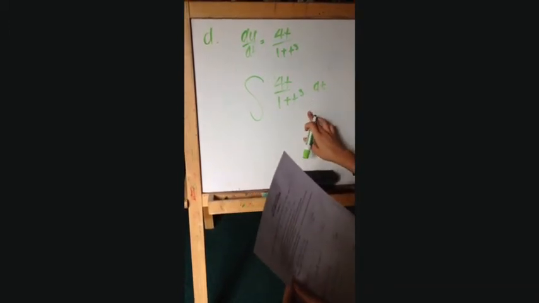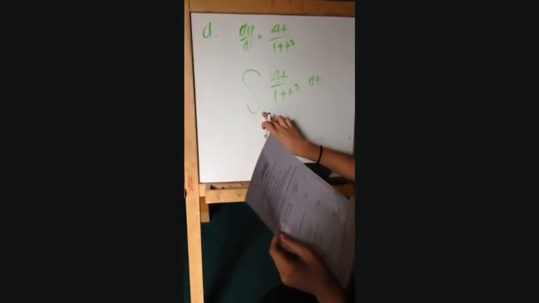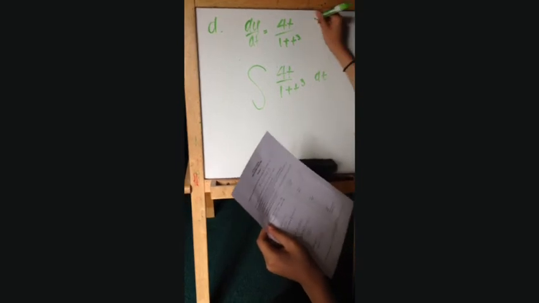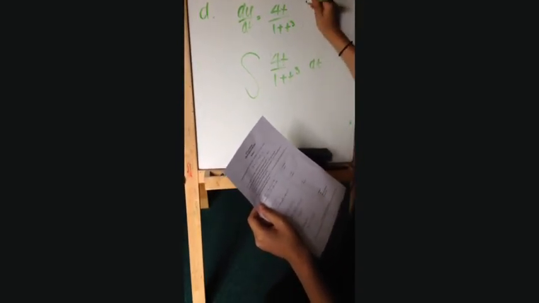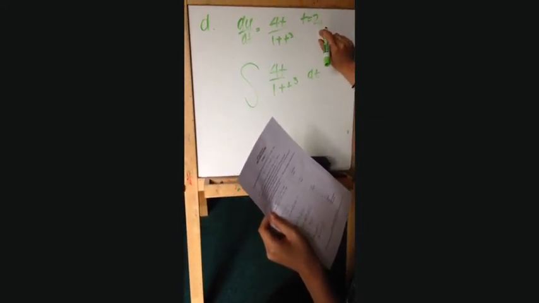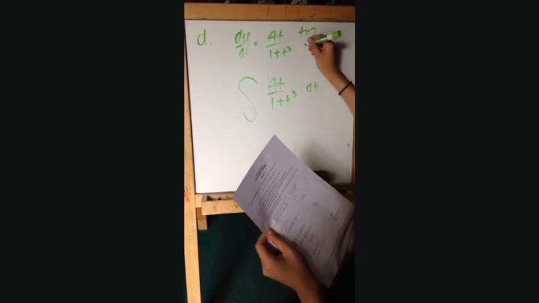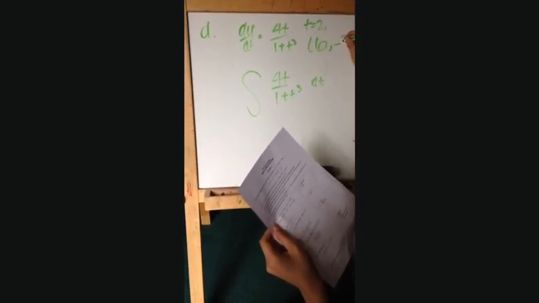Now in order to find your limits, you need to know where to start. You have an initial condition. Your initial condition is at t equals 2, the particle is at point (6, -3).